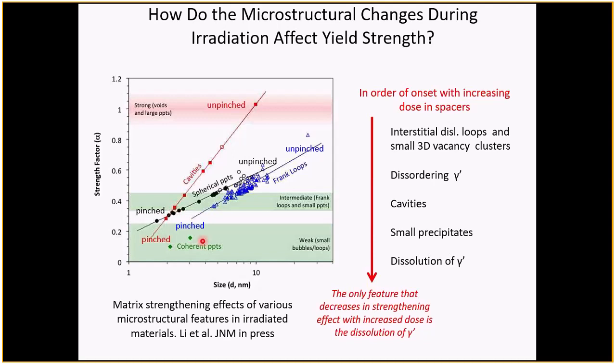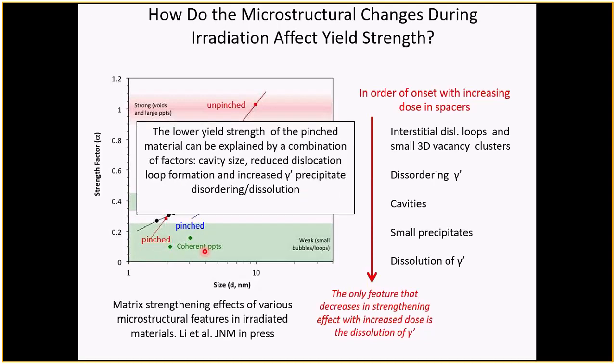And here what I put on is where we would sit for all these strengthening factors if our spacer is pinched at the low temperature compared to unpinched at the high temperature. So it makes sense that everything considered, whether it's the damage density, or the lack of precipitates, or lack of loops, or the dissolution of the precipitates, or the size and the distribution of the cavities, in terms of the strengthening factor of these components within the microstructure, in the pinch material it's always at a low strengthening factor.